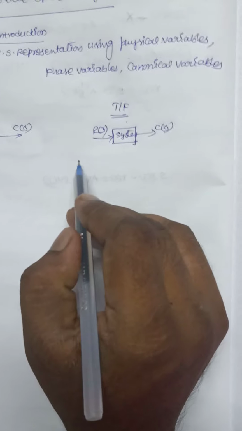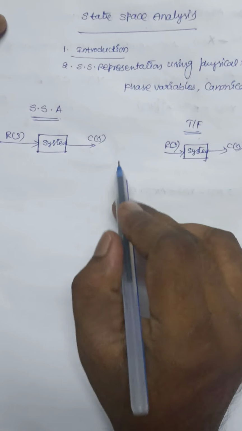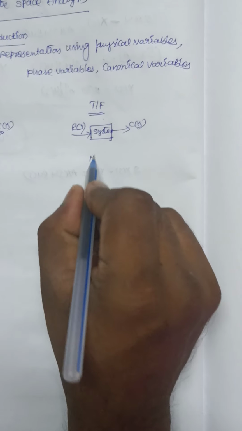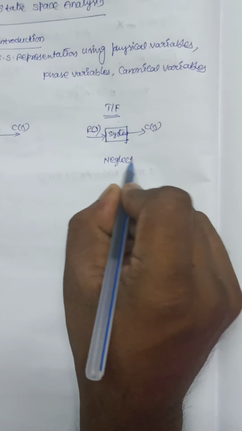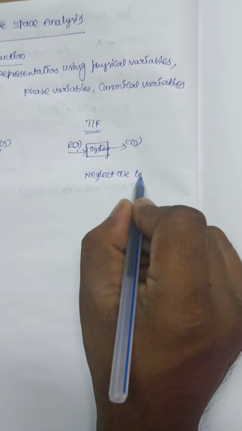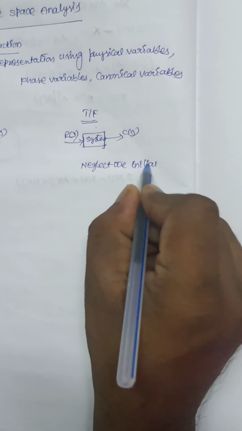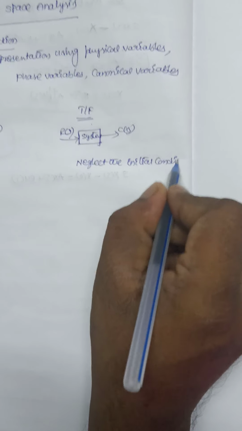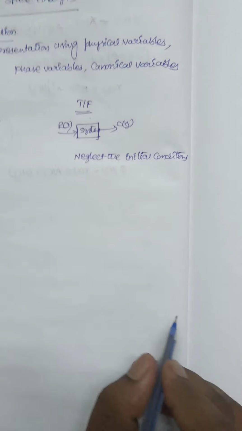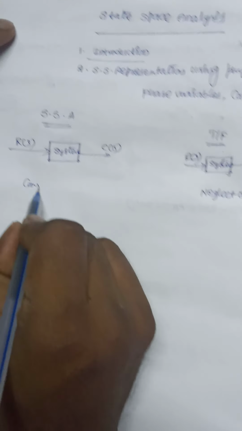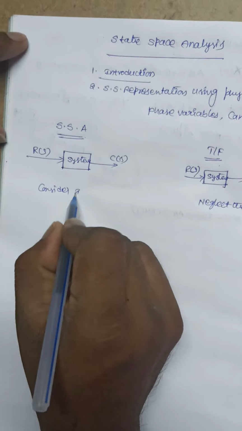But the difference between this transfer function model and the state space analysis is, here we will neglect the initial conditions, but in state space analysis we will consider initial conditions.